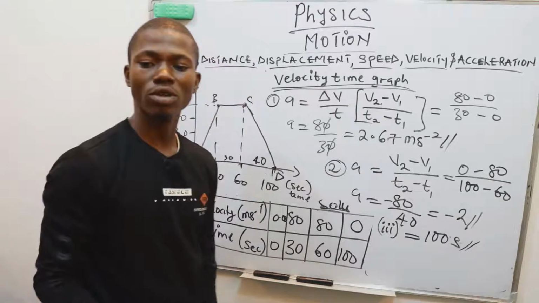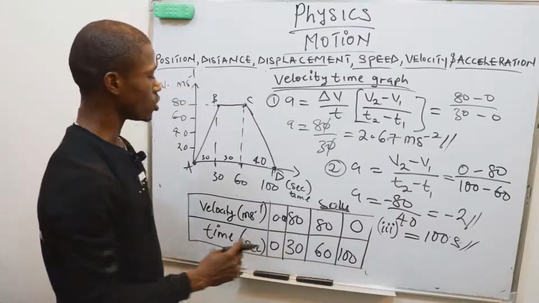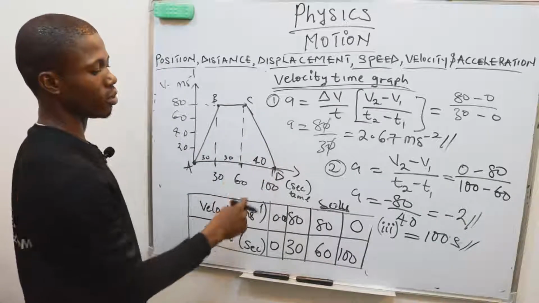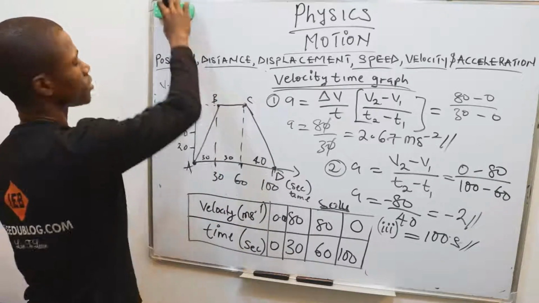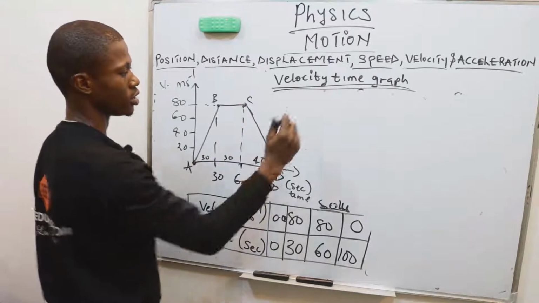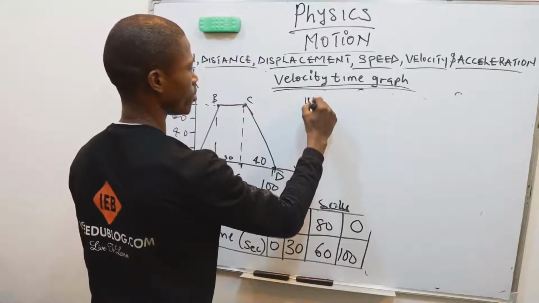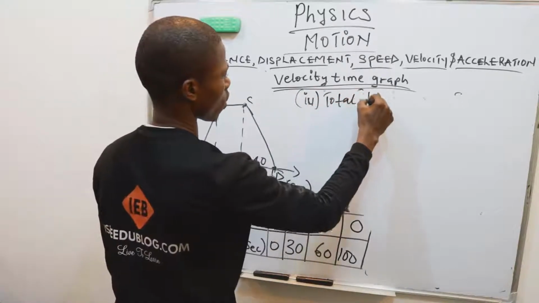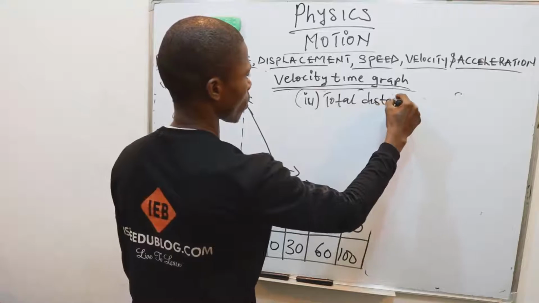And our final question is the total distance covered from here to here. So I can clean the board now so that we can find the distance. Question IV: total distance.